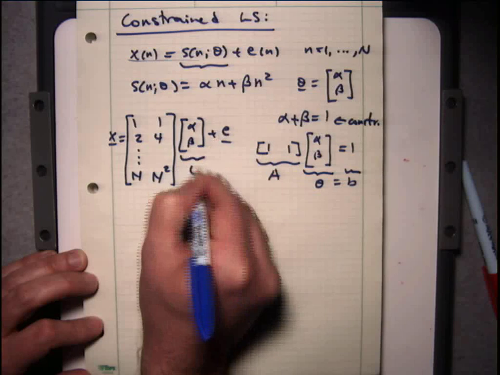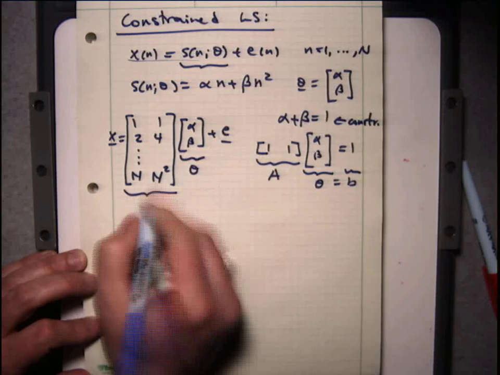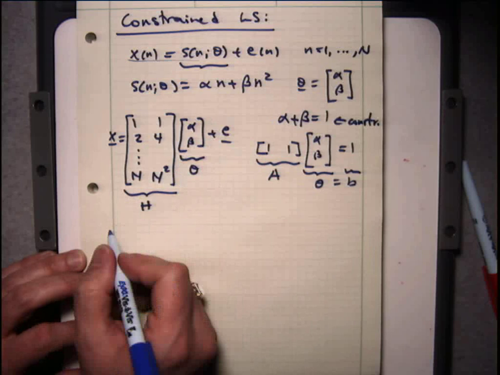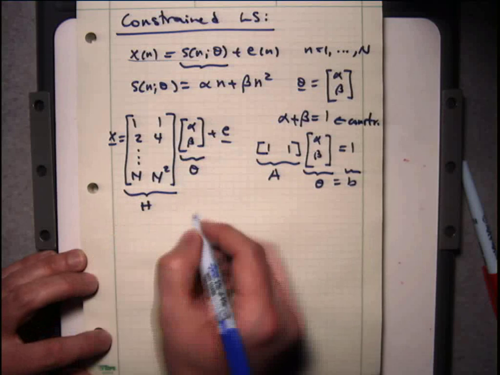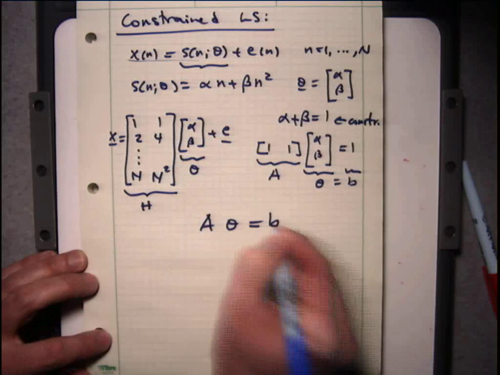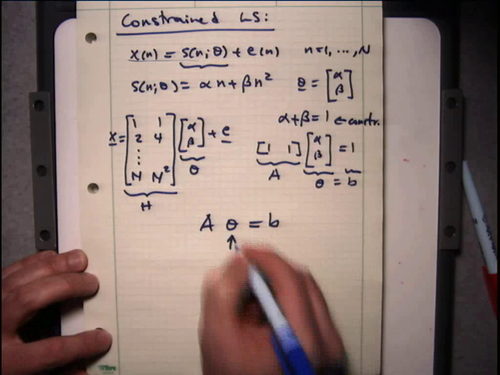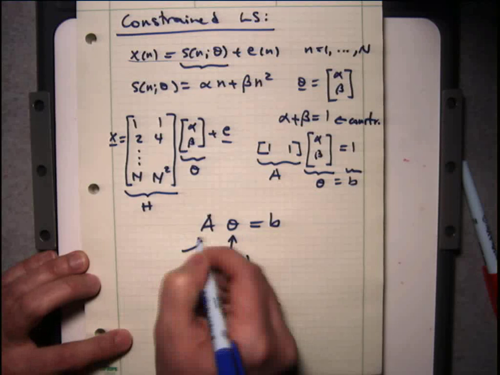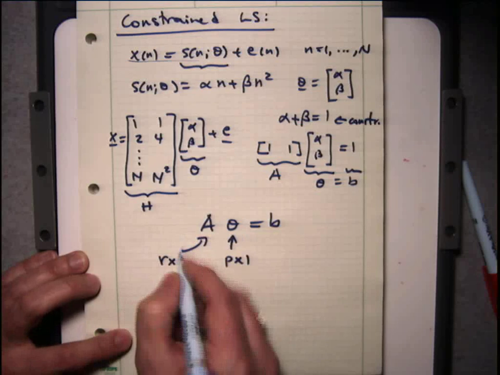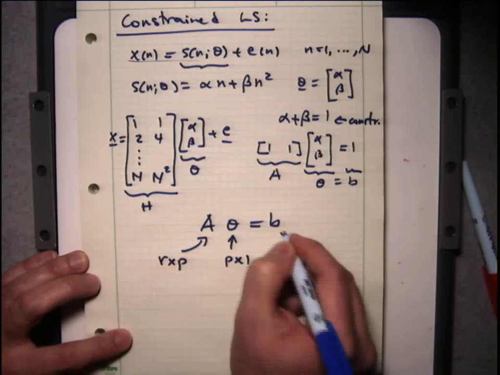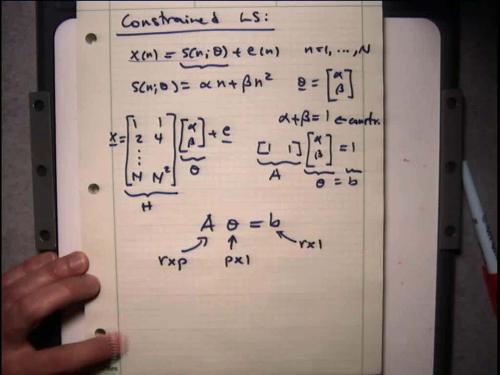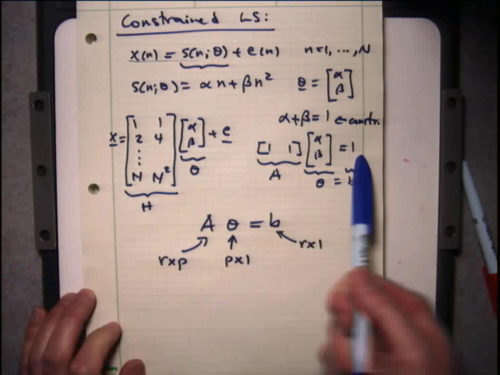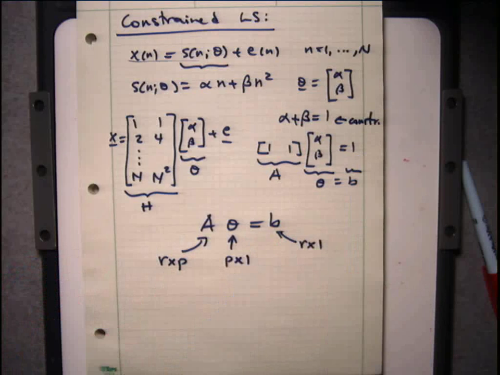And of course this is my theta, and this is my H. And the constraint is A theta equals b, where theta is a p by 1 vector, A is an r by p matrix, and b is an r by 1 vector. In this case, r is just equal to 1.